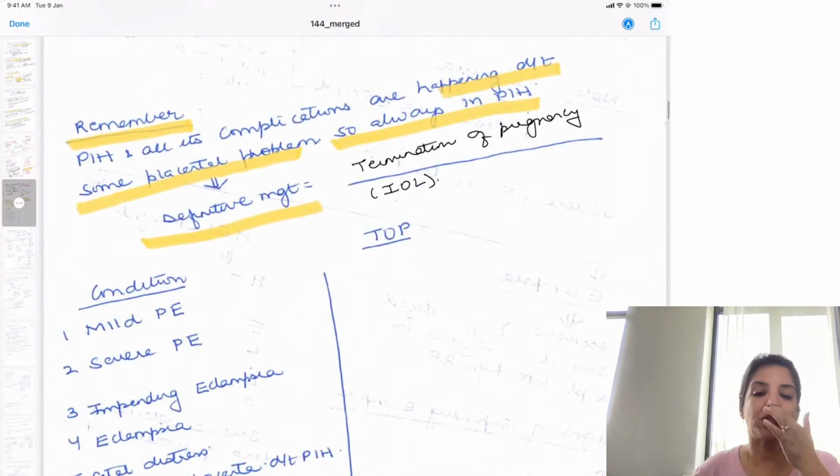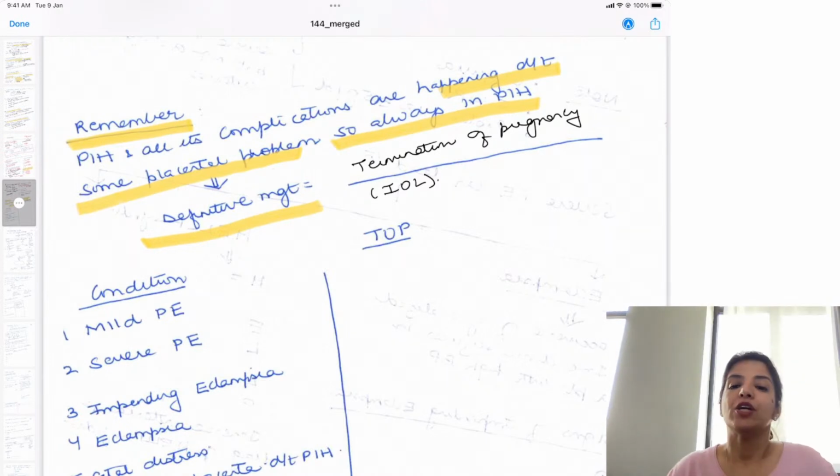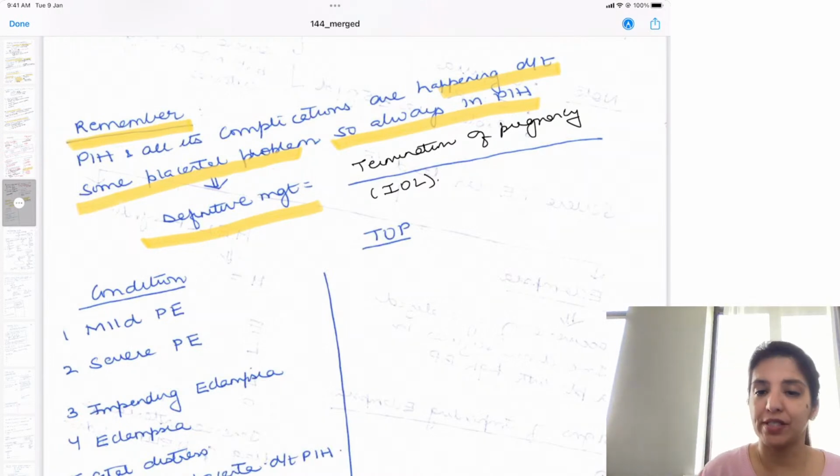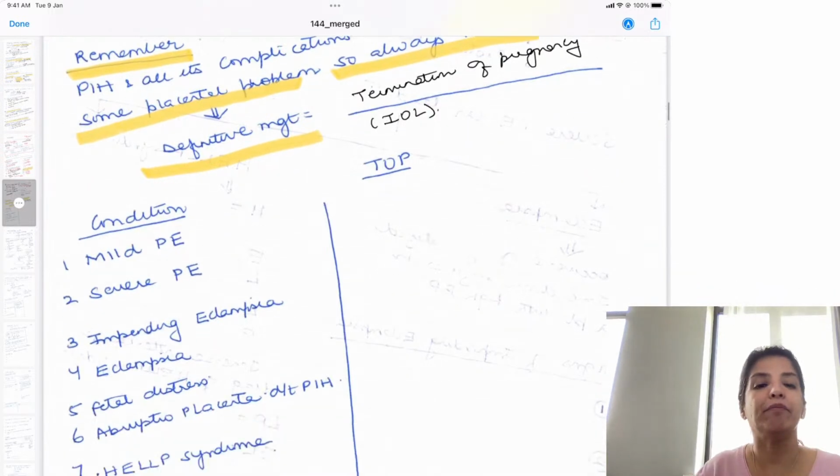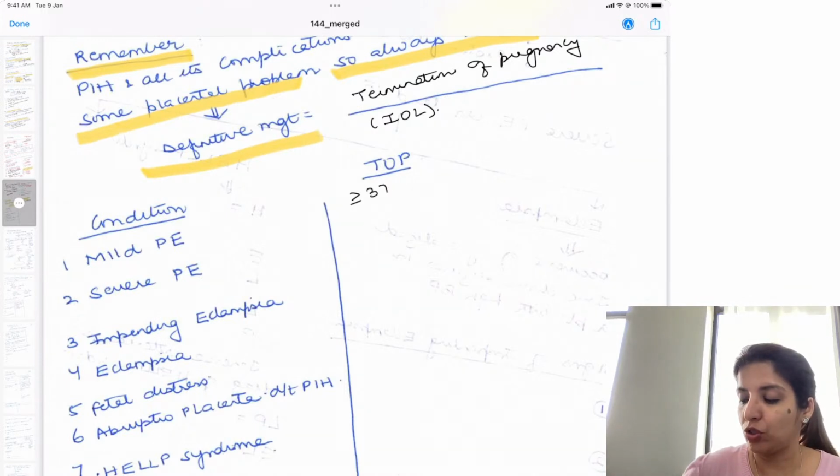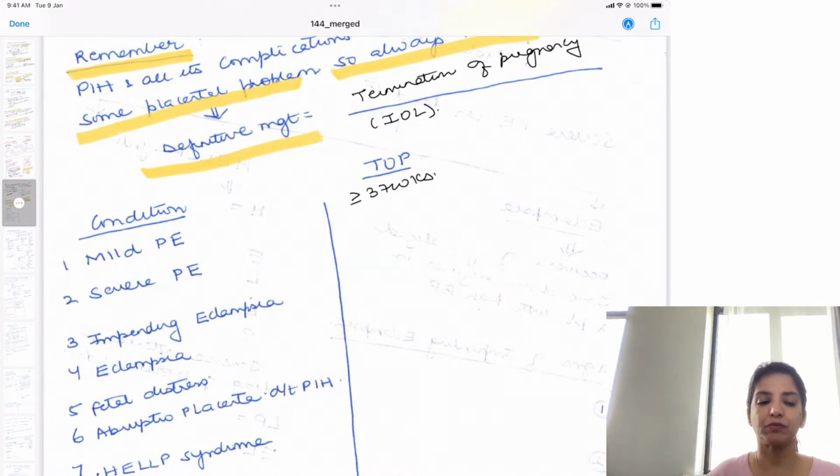Now, so the definitive management for PIH always is termination of pregnancy. In other words, I'm going to induce labor. So it is very important for us to understand कि कौन सी condition of PIH में कब pregnancy को terminate करते हैं. When are you going to terminate pregnancy? In mild preeclampsia, termination of pregnancy will be done at more than equal to 37 weeks.